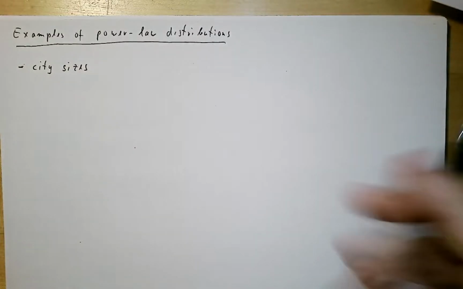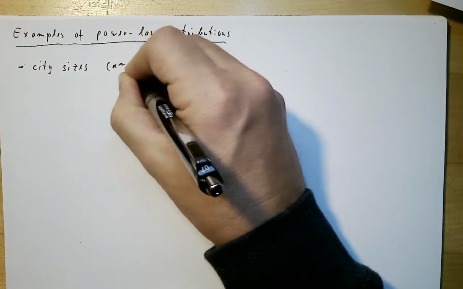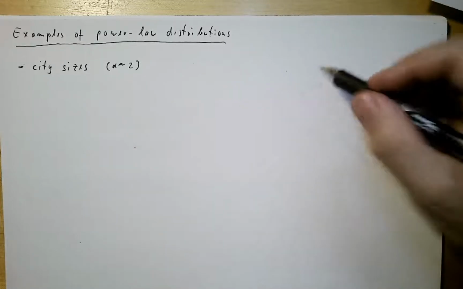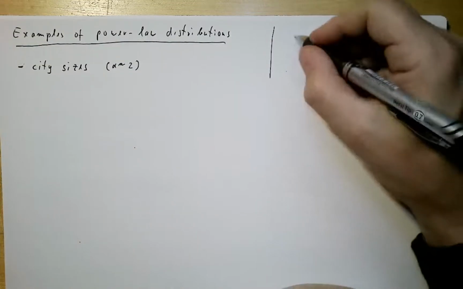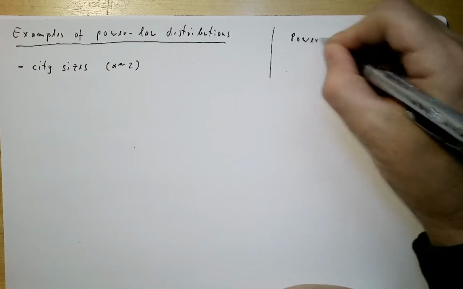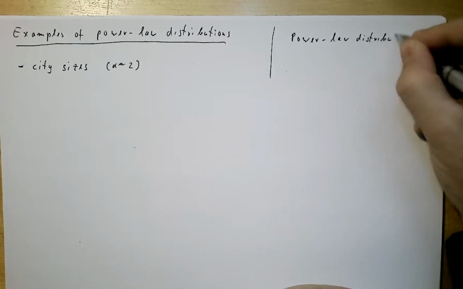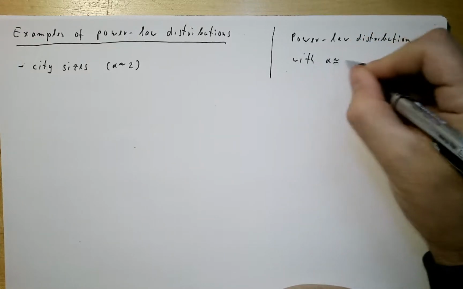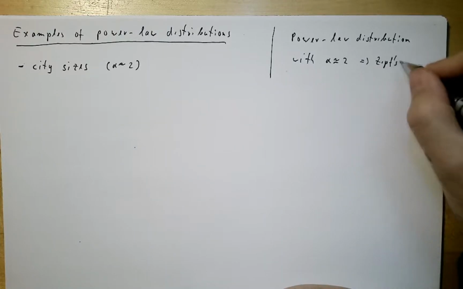And so for city sizes, interestingly, this alpha is about 2. And this fact, maybe we write it here, a power law distribution with alpha about 2, is very often called Zipf's distribution or Zipf's law.